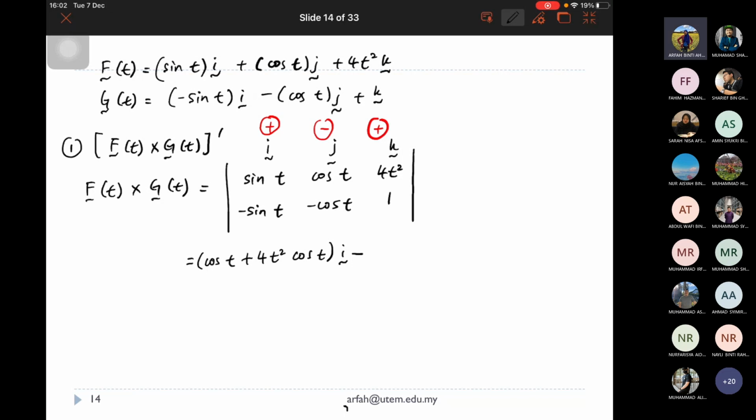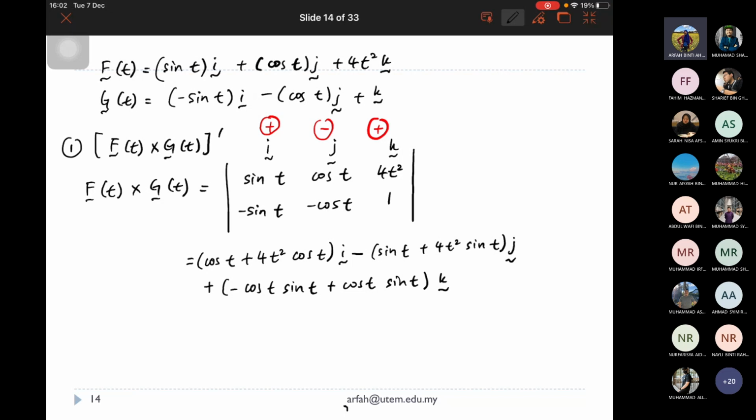So tolak tutup kolom j, dia akan jadi sin t tolak dengan tolak jadi tambah 4t squared sin t j, and then tutup kolom k akan dapat tambah negatif cos t sin t tambah sin t cos t untuk k. Okay.